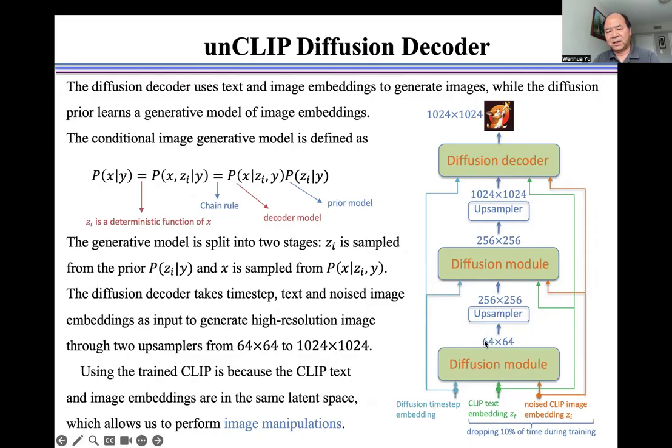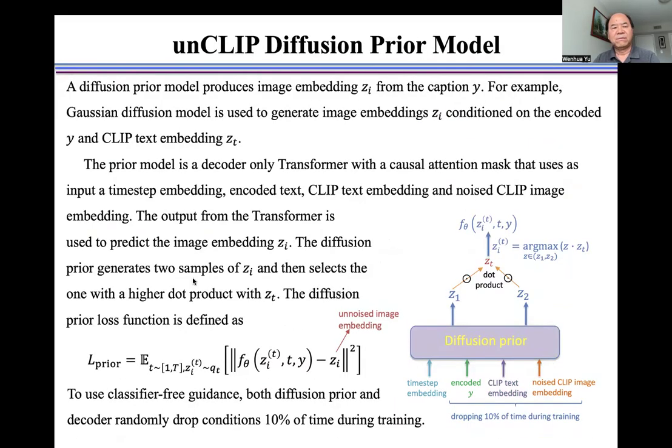This is 64 by 64, 256 by 256, and 1024 by 1024. We use the trained CLIP because the CLIP text and image embeddings are in the same latent space, which allows us to perform image manipulations.